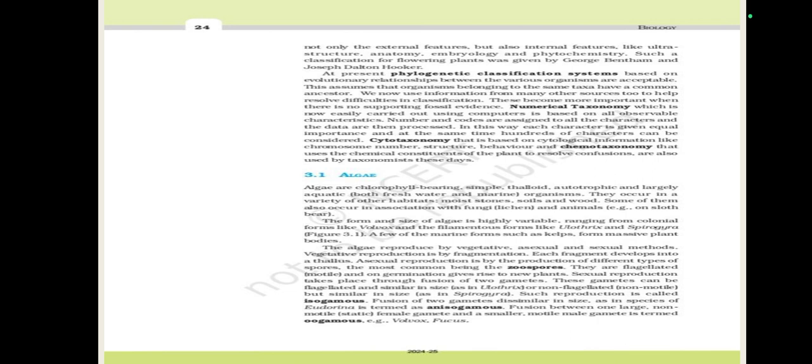Fusion of two gametes dissimilar in size as in species of Eudorina is termed anisogamous. A fusion between one large, non-motile, static female gamete and a smaller, motile male gamete is termed oogamous, for example, Volvox and Fucus.